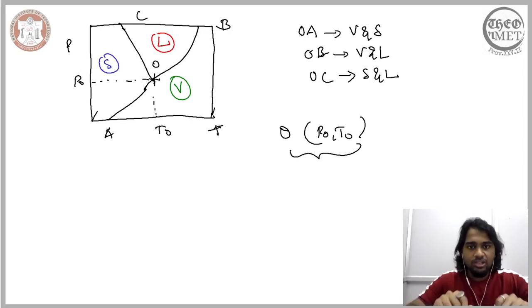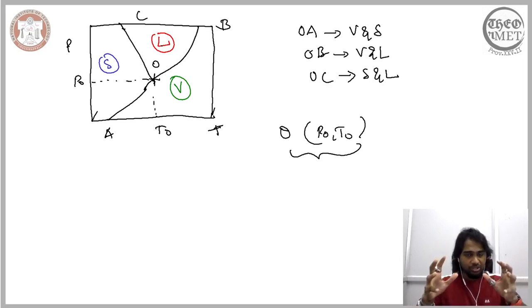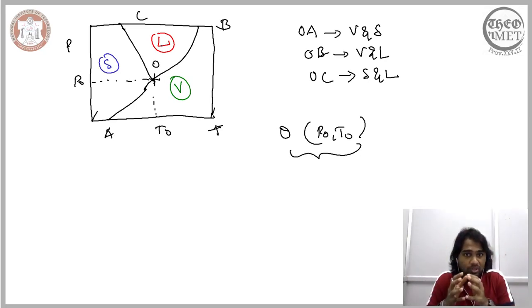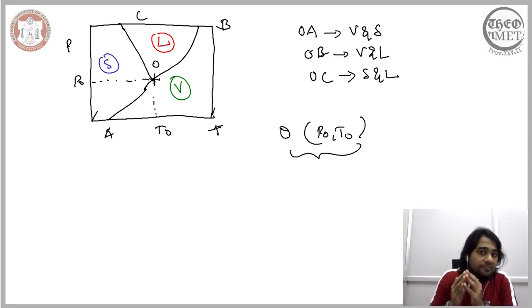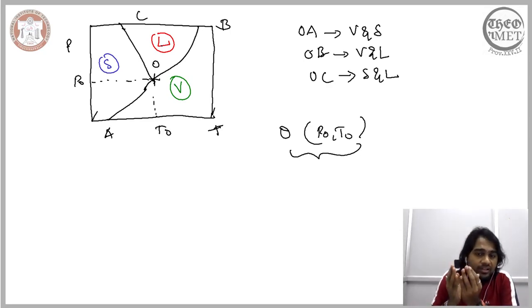In addition to that, the phase diagram, in addition to comprising of spaces, definite regions, also comprises of lines. So based on the lines, by tracking them, we can state under which condition two of these phases will be at equilibrium.